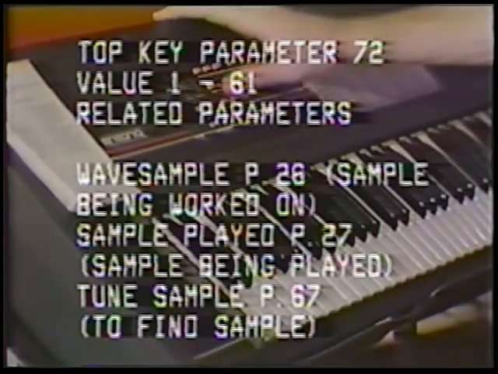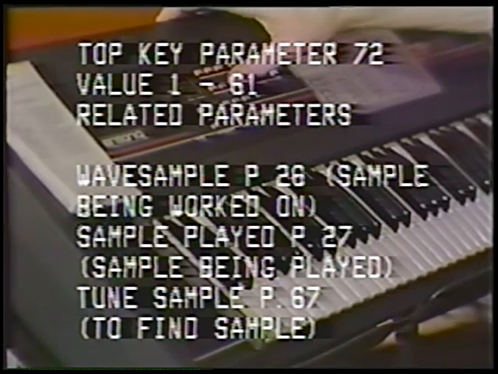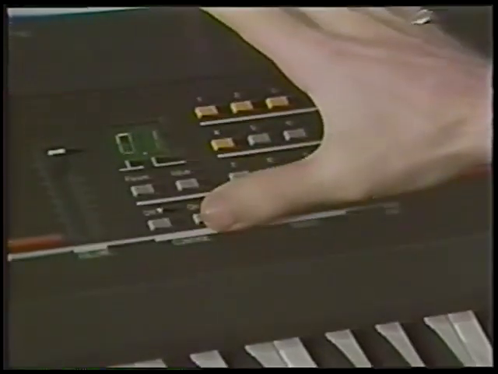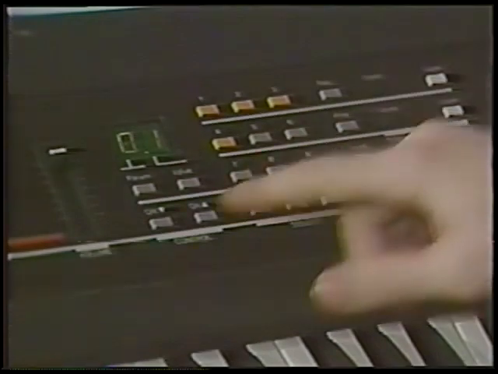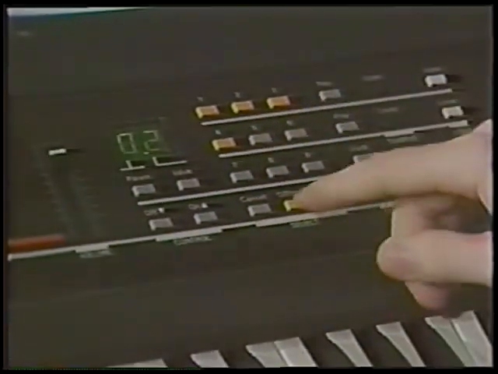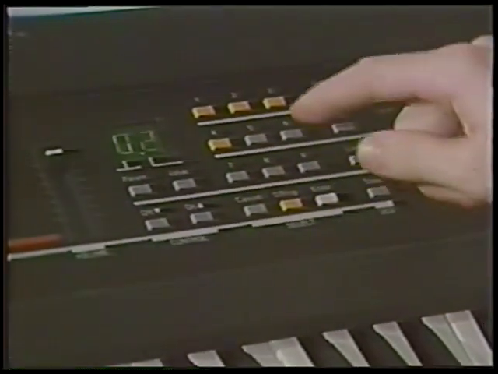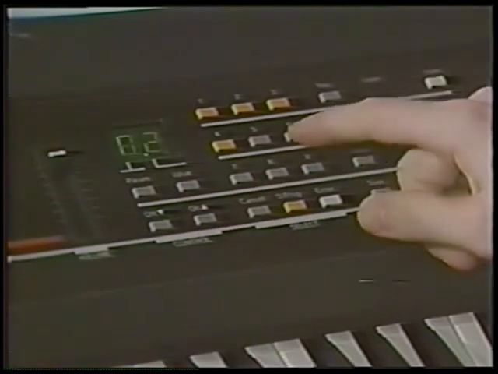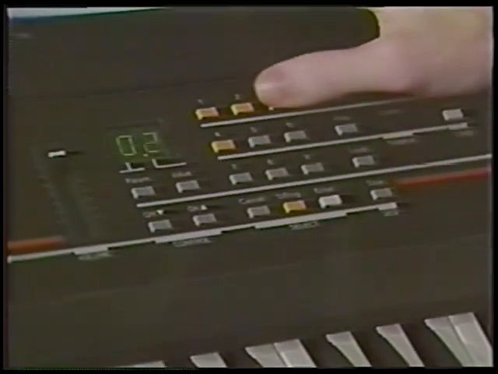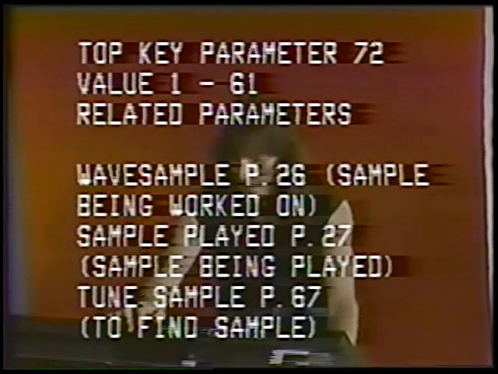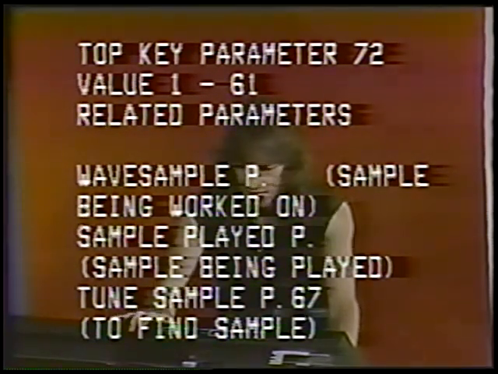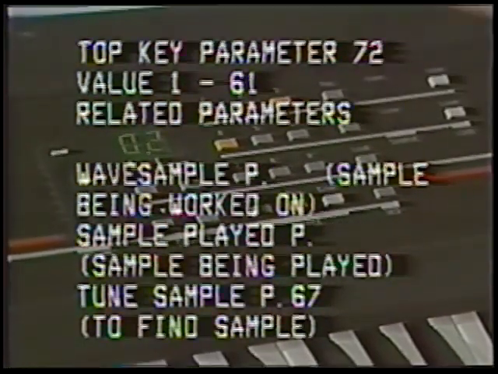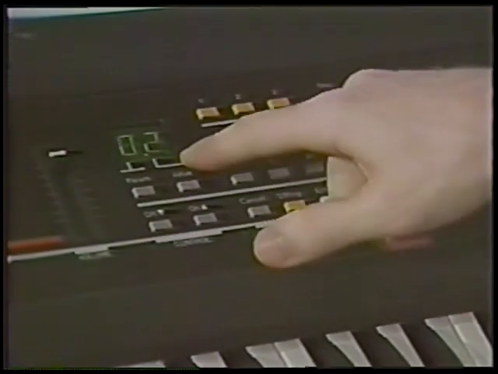So 27, we're hearing wave sample 2. 26, we want to go to wave sample 2 and work on it. 26 brings you to the wave sample you want to work on. Now to find out what sample you're working on, go to 27, you're working on sample 2 you're hearing on the bottom. 26 is the wave sample you're working on, number 2.